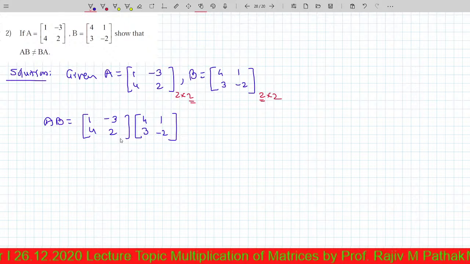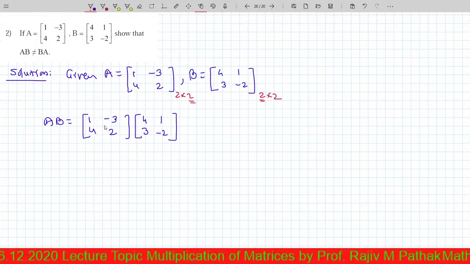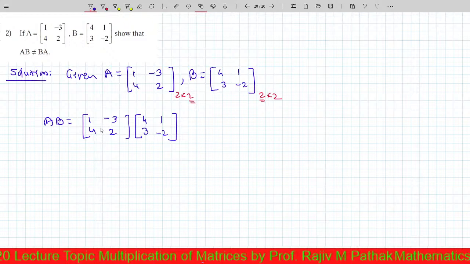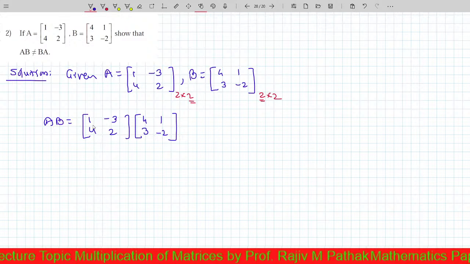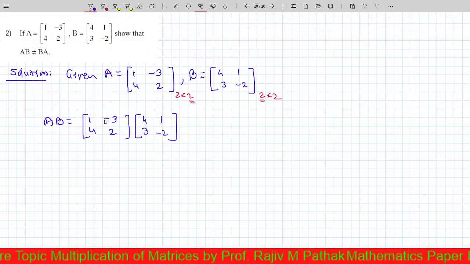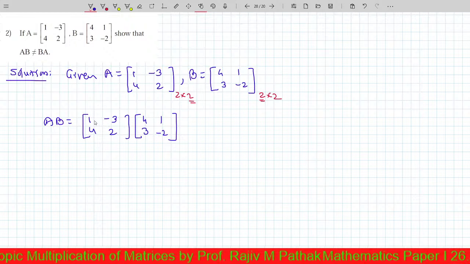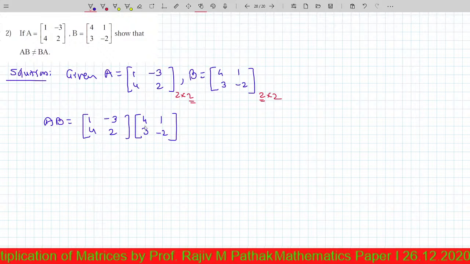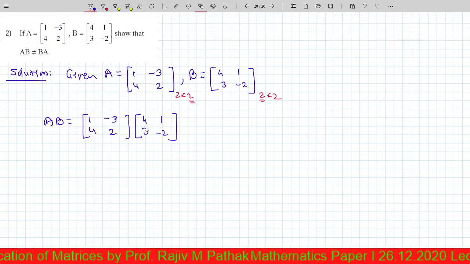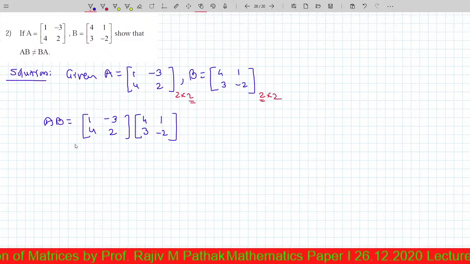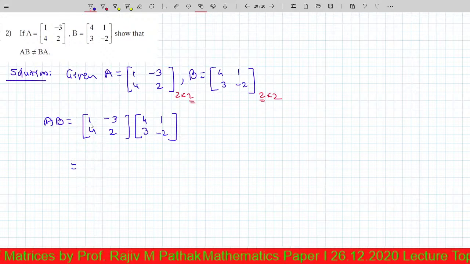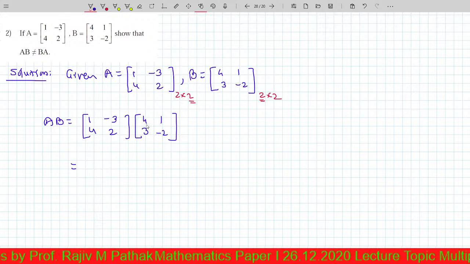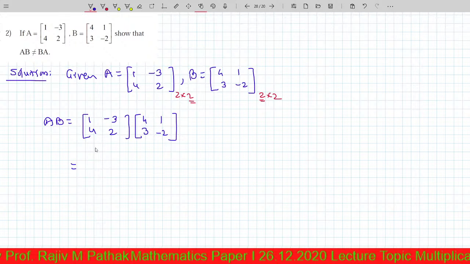Now we know how to perform this multiplication. We take the row of the first matrix and the column of the second matrix. So first we take the first row of the first matrix and multiply each element of the first row with each corresponding element of the first column of the second matrix and then add.